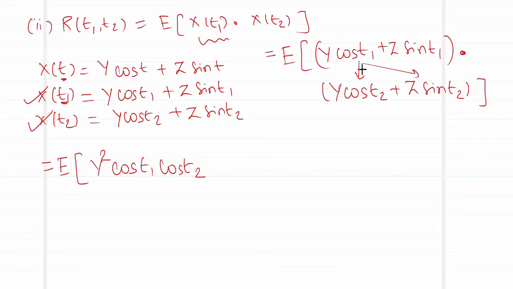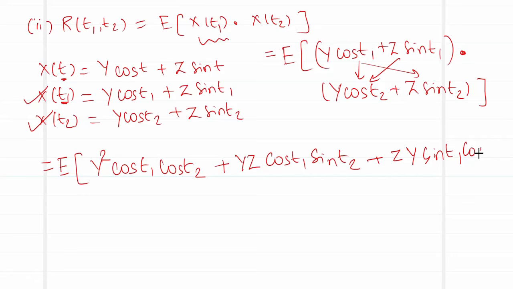Next, y cos t1 with z sin t2. So this will become yz cos t1 sin t2, plus the third term z sin t1 with y cos t2, so zy sin t1 cos t2. Next, z with z gives you z square sin t1 sin t2.